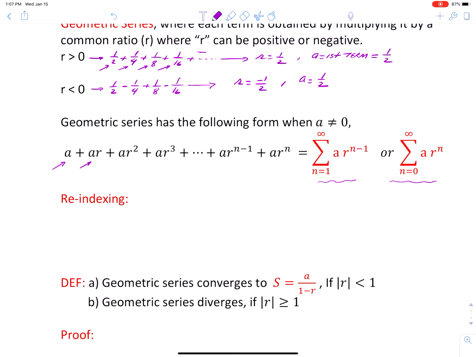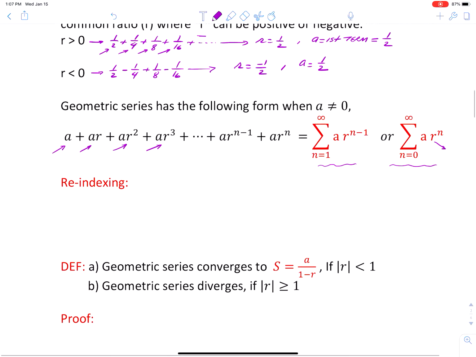Second term times r gets you the third. Third times r gets you the fourth, and so on. So if you write a bunch of terms and you can recognize what r is, you can define it as a geometric series. And they could have this kind of form that I wrote here: a, a constant (a could be 1, by the way, but if not, I would just write it), times a ratio raised to power n, and so forth.